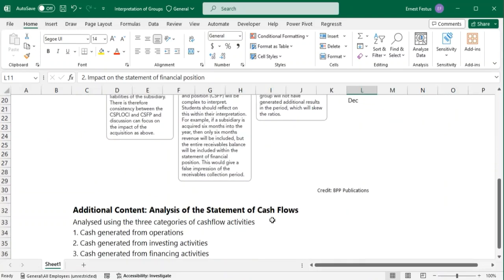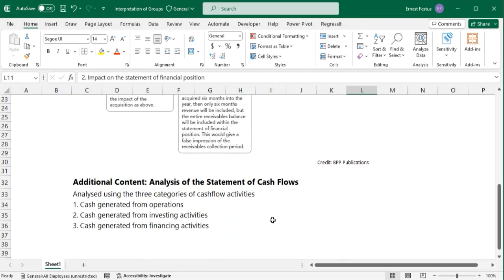All right. Then I also have a bonus content here, which is the analysis of the statement of cash flows. Now, when it comes to cash flows, they do not actually have their ratios. So we analyze cash flows using the three categories of cash flow activities. These include the cash generated from operations, cash generated from investing activities, and cash generated from financing activities.